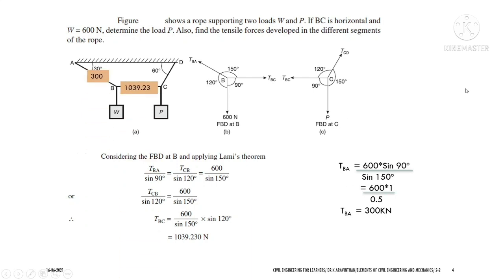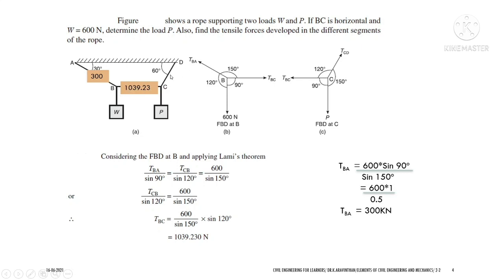So if you are taking this as a concurrent force system, the two forces are found here. That is, this rope is taking 300 Newton load, and this rope is taking 1039.23. You can see that the majority of the force is taken by the member BC.